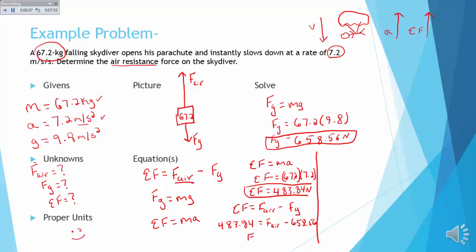In other words, when I solve for the air resistance, I'm going to get an answer of 1,142.4 newtons.